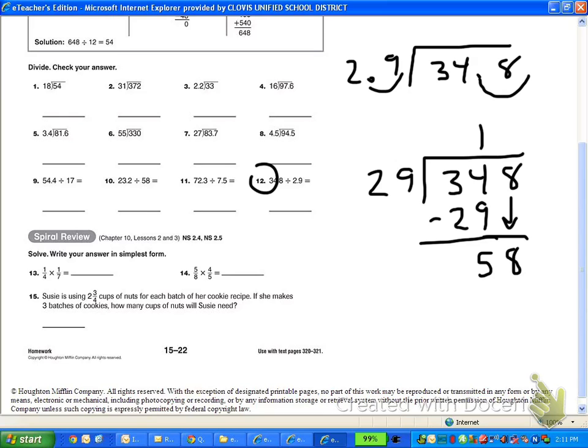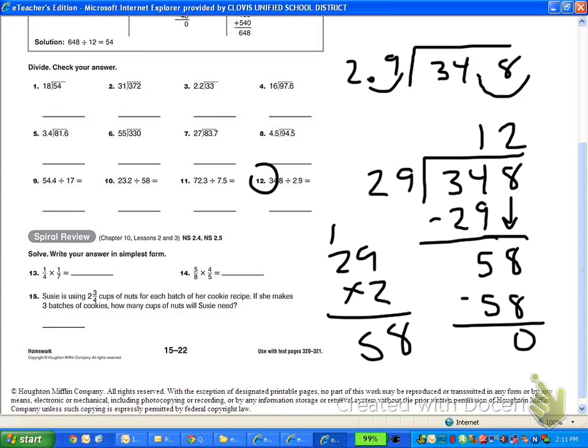Now I'm going to see how many times 29 can go into 58. I see the 8 here, and I see the 9, and I know 9 times 2 is 18. So I'm just going to start off with 2. See how that works. 2 times 2 is 4, plus 1 is 5. So 2 works. So my answer is 12.